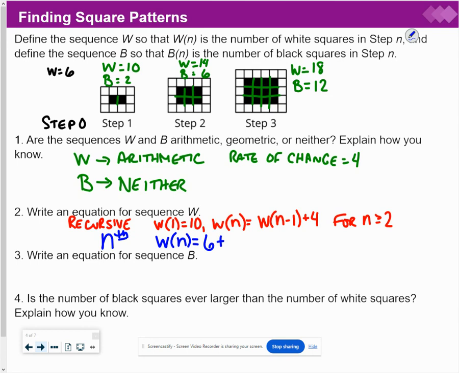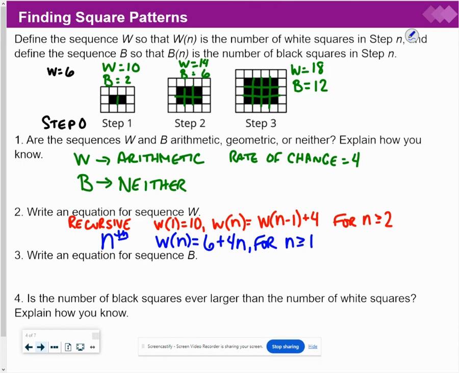I would have this as 4 times the step number, right? 4 is my rate of change, or my common difference, times the step number. And because I started this one with step 0, I would have to say for n is greater than or equal to 1. We don't really have a step 0, so I would have to start this one at 1.